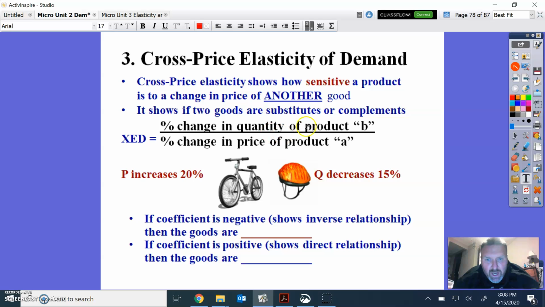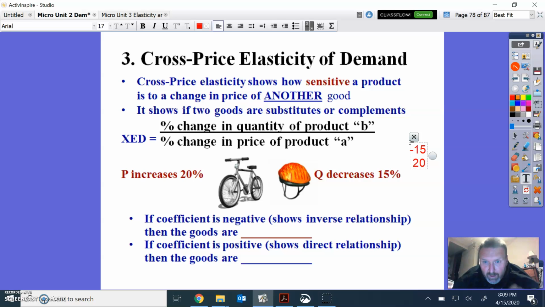You take the percentage change in quantity of product B, so in this example, it's bike helmets, over the percentage change in price of product A, which in this case is bikes. So when I do the simple math problem, guys, I get negative. Now, this is the time it's important that you keep your signs.